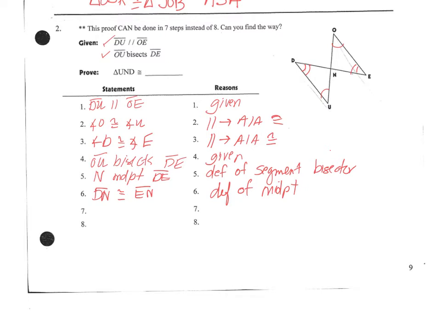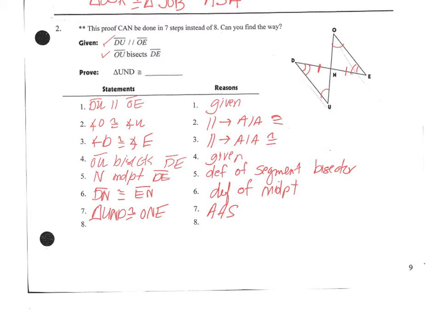And so that means that we have this to this. And so then what would happen is that next we now have enough information to be able to say that the triangle UND is congruent to triangle ONE, and that is by angle, angle, side.